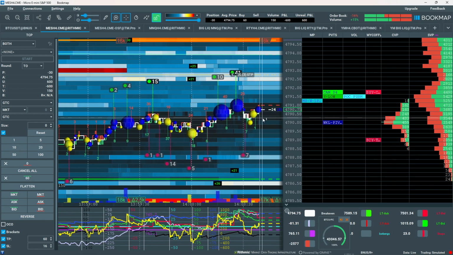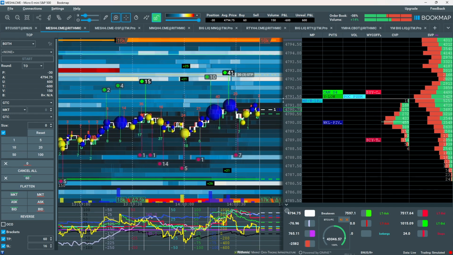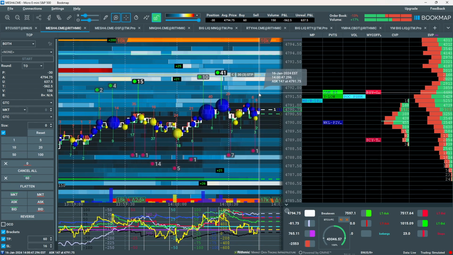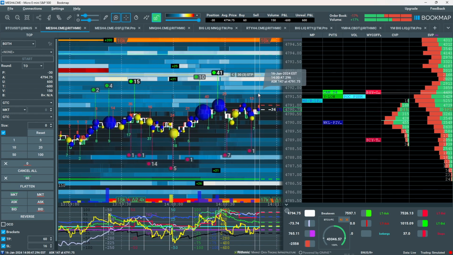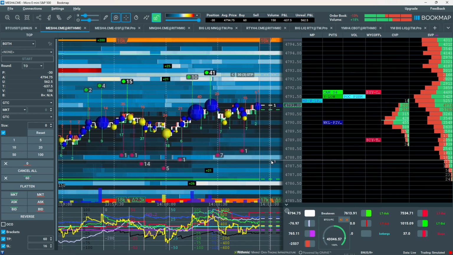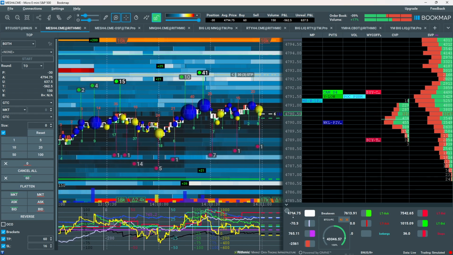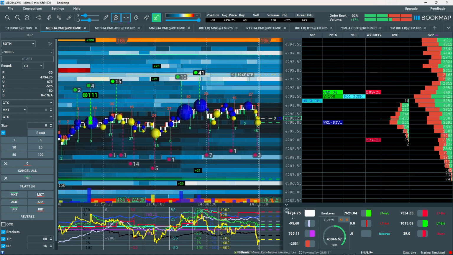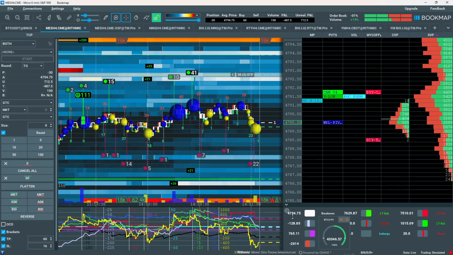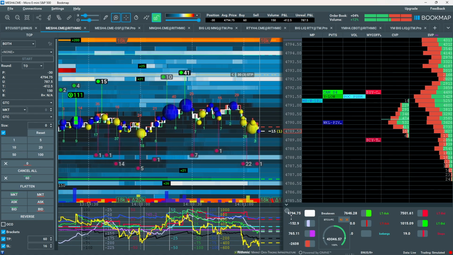Sellers are trying to defend a little bit, but they don't have enough selling power right now. Let's see if they come in heavier at Camarilla S4 if we move up a little to 47.91.75.